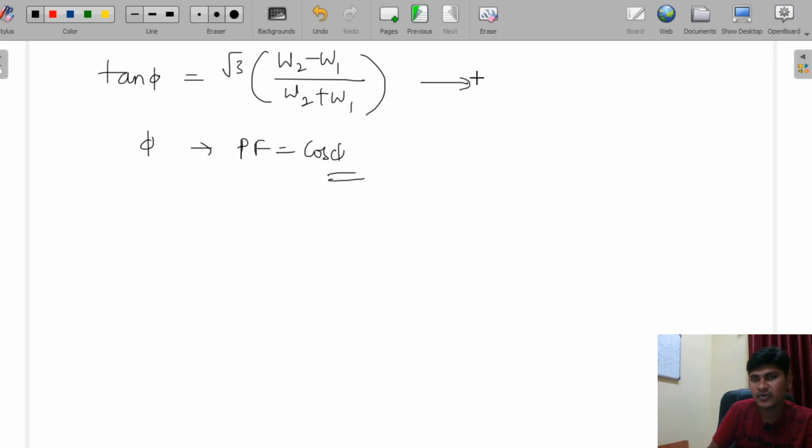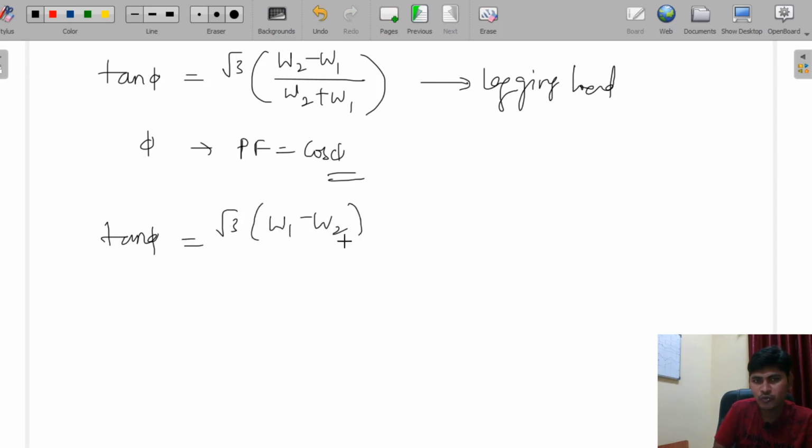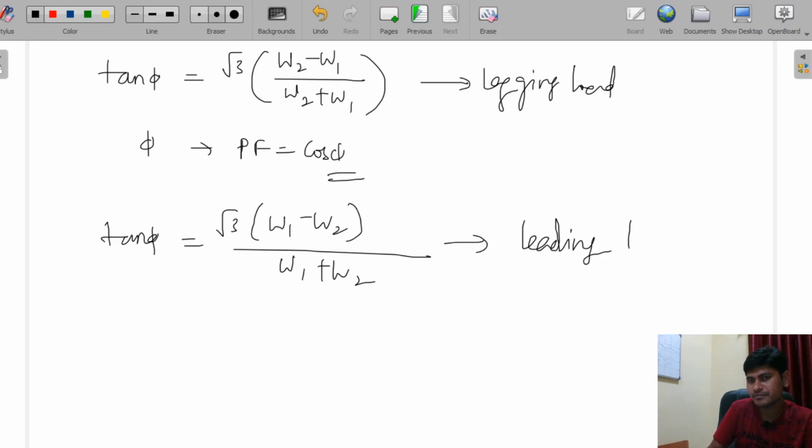This is for lagging load. For leading load, tan phi is equal to root 3 into (W1 minus W2) by (W1 plus W2). For leading load, W1 will be higher than W2. W2 is higher than W1 for lagging load.